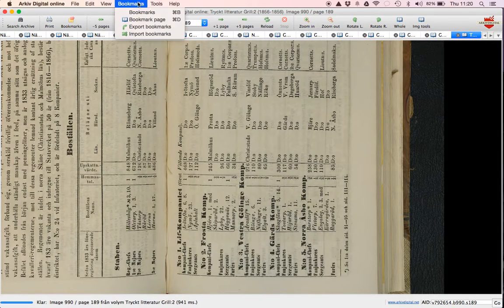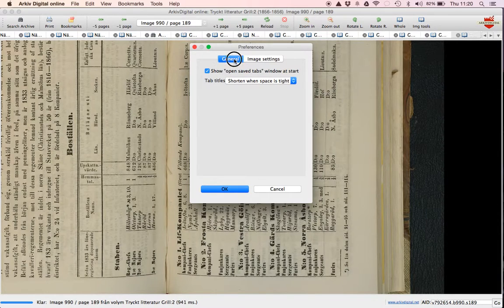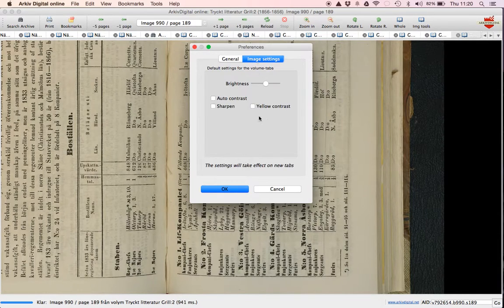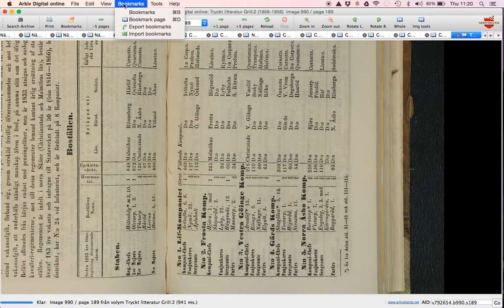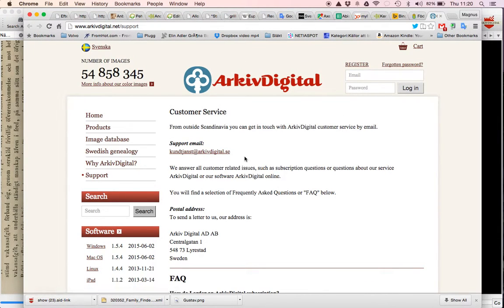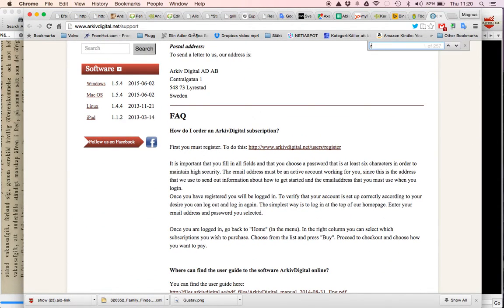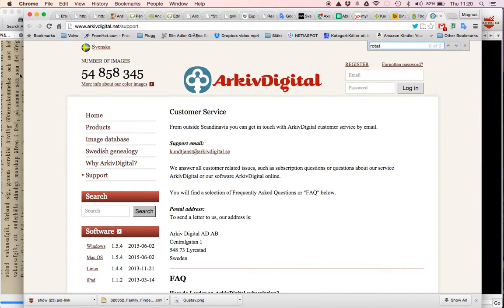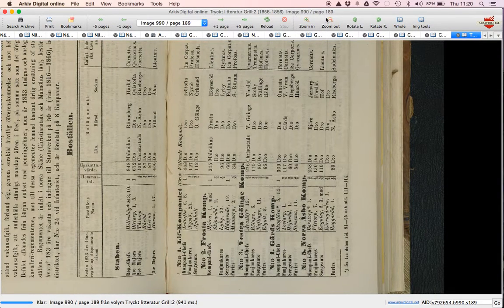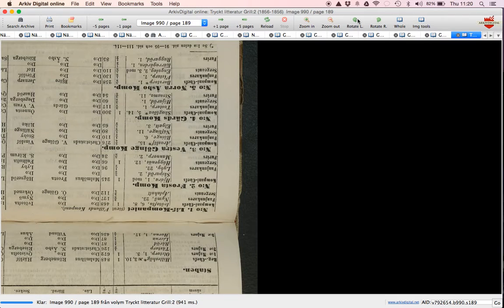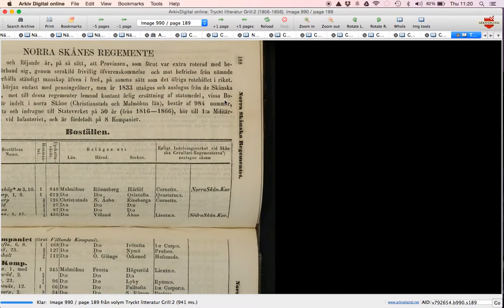I think you can. Rotate. How do you rotate? Maybe it's in here. Zoom out, zoom in. Rotate left. Yes. There we have Norra Skånes regementes.